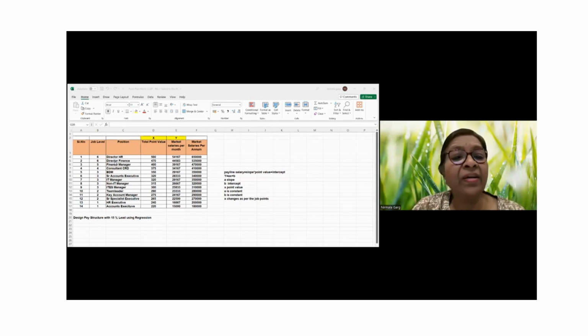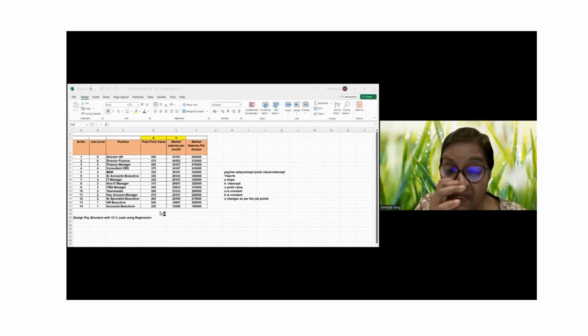Every job has been evaluated through a technique called job evaluation, and the points given to the job are so much, like 500 points for director HR, 470 points for director finance, 400 points for finance manager, and so on. So these are all the point values.